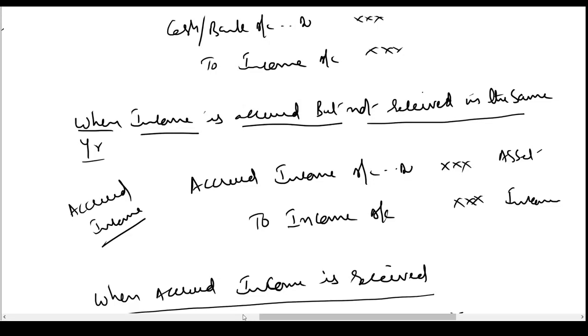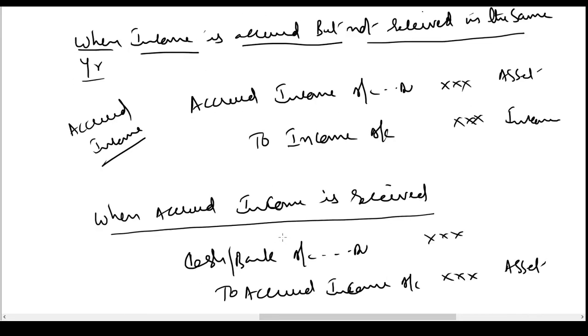When accrued income is received, when you collect the receivables, we pass the entry: cash or bank account debtor to accrued income account. Okay. So here what we are saying is, somebody is due to pay money to me. So that person is treated as a personal account, the receiver of my money, I debit him.